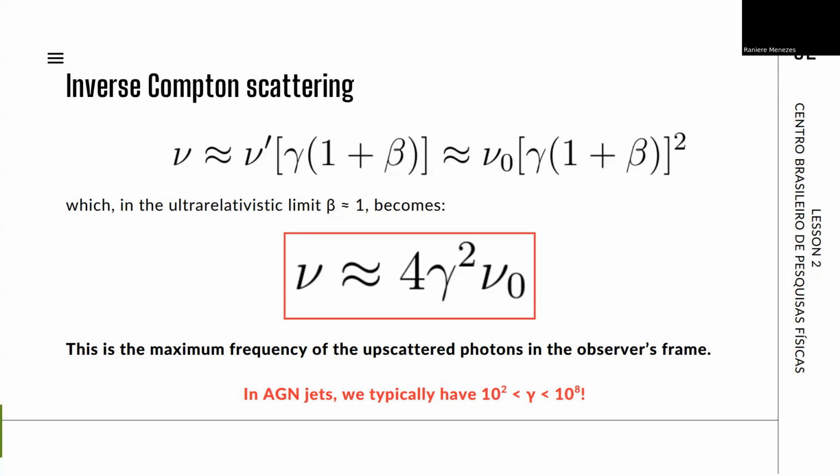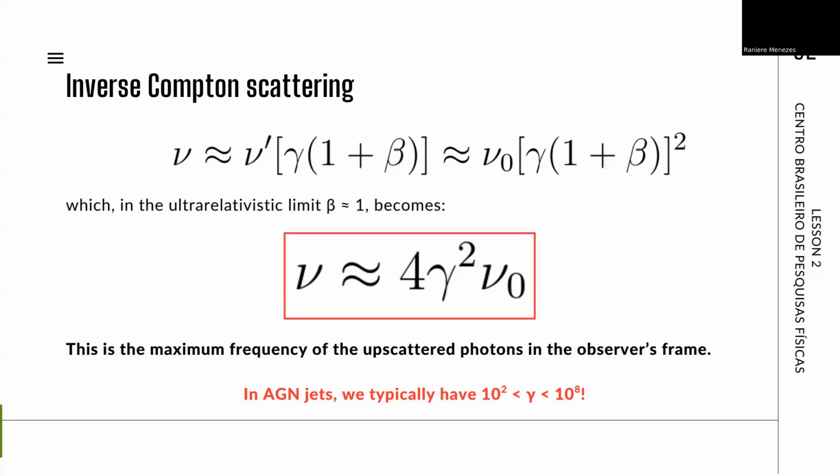Well, maybe it's not that effective, because the amount of scattering is relatively low in AGN jets. However, you can really boost the energy of the photons. If we are working with flat spectrum radio quasars, there is another boosting factor, but we can get there later.